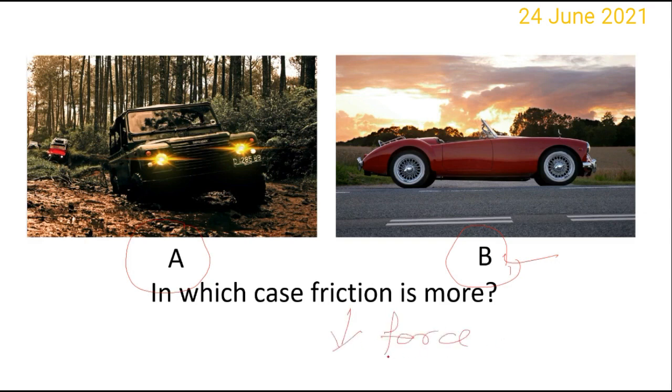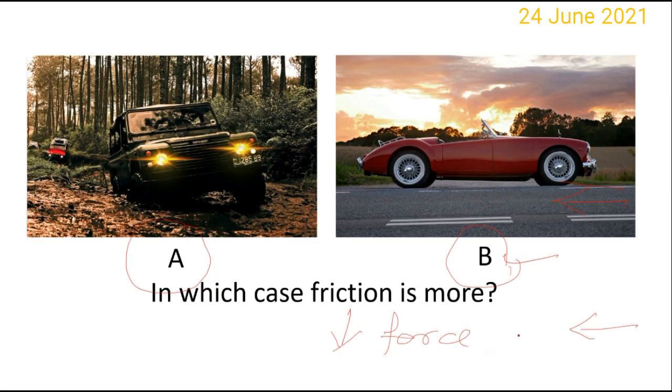I am repeating it again. Friction is a force which acts in the opposite direction, opposite to the motion. So here there is a friction which is against the direction of this vehicle, and here also there is a friction which is against the direction of this vehicle, because friction always acts opposite to the motion.